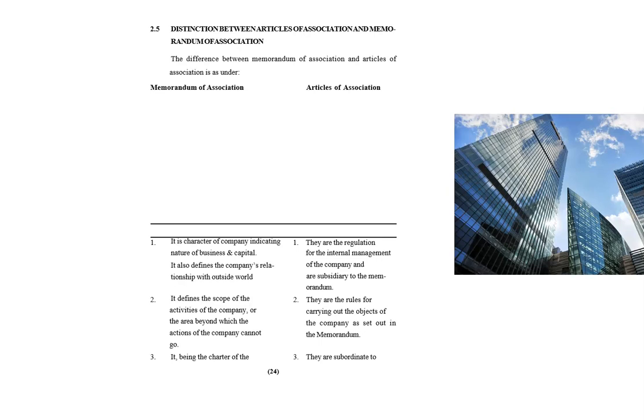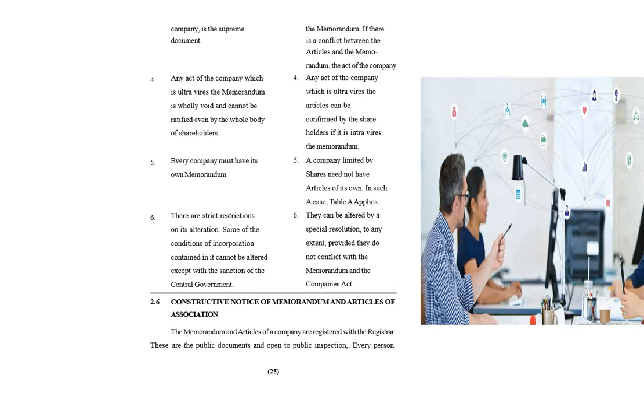They are rules for carrying out the objectives of the company. So, the memorandum of association is the supreme document, and the memorandum of association will overrule in case there is a dispute between the articles and the memorandum.